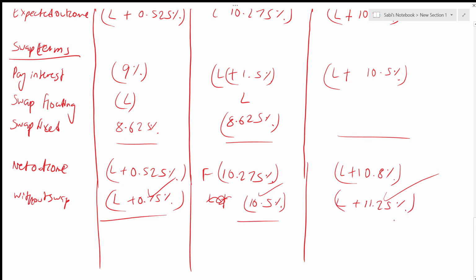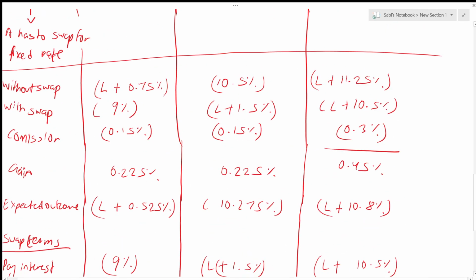Now take the difference between without swap minus net outcome, right? So it will be, here it is 0.225% and here it is 0.225% and here it will be 0.45%. Are you getting the same gain? Just check. Go up and check. I will show you up. Yes. Same gain you are getting. You should get the same gain, right? The moment you are getting the same expected outcome, you should understand that you are on the right track.